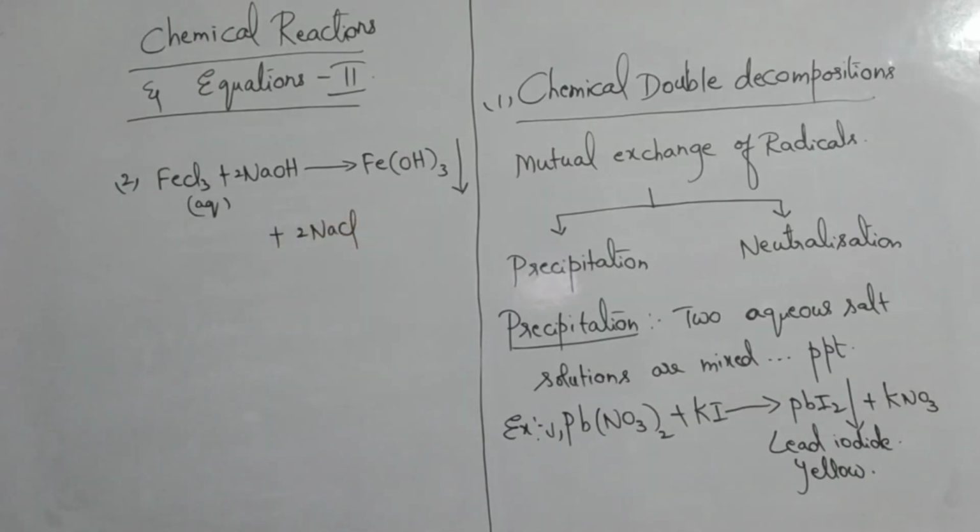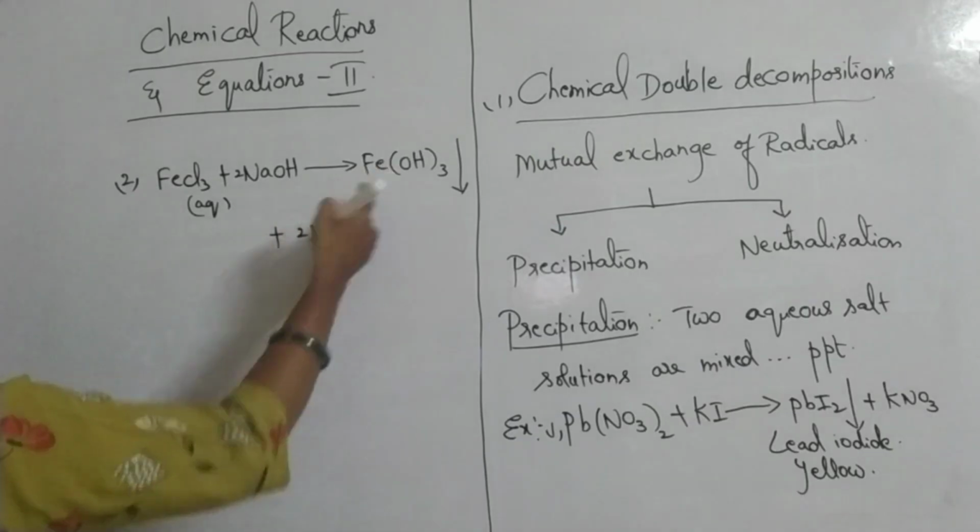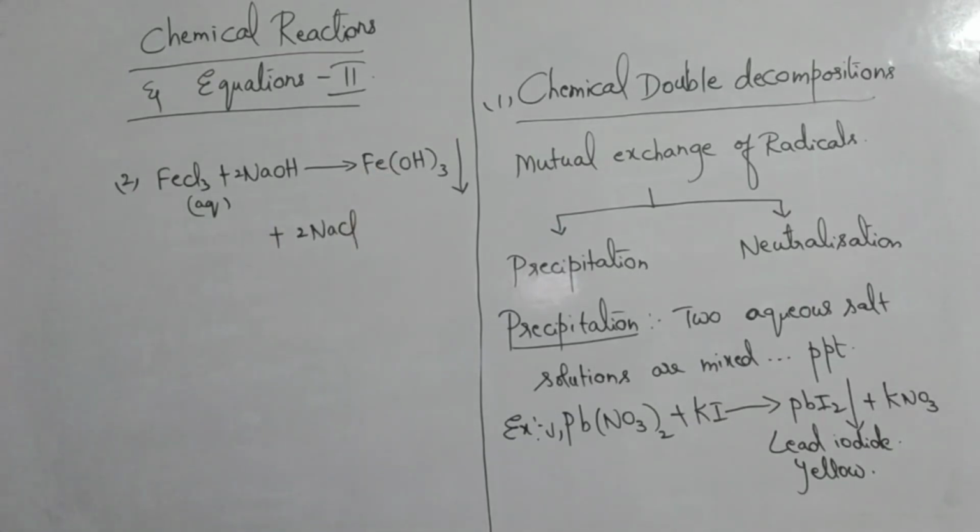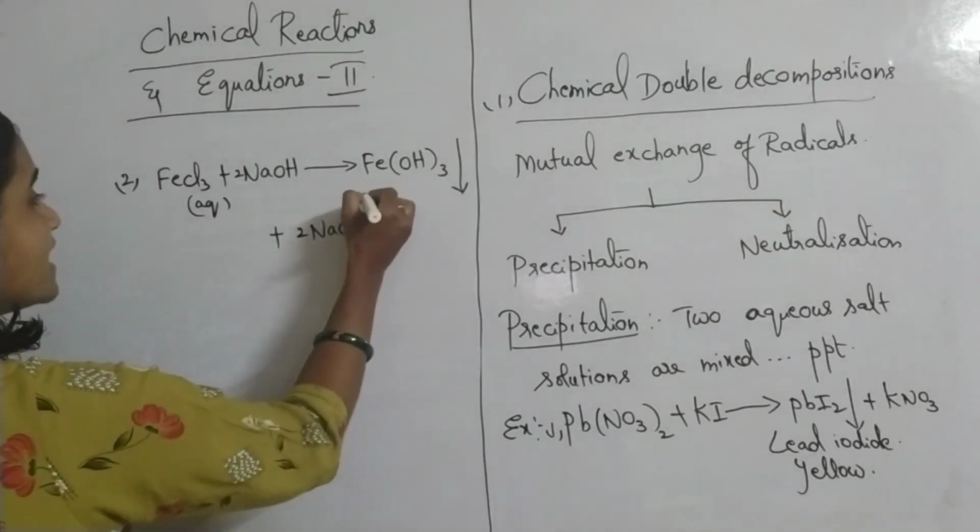So here the precipitate formed is Fe(OH)3.